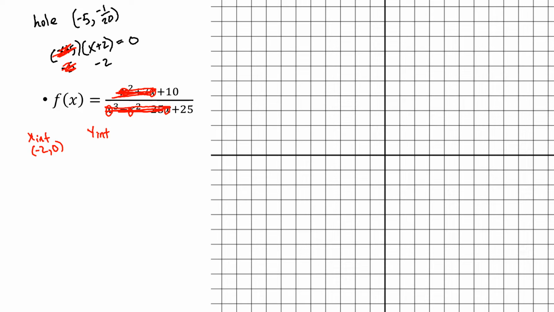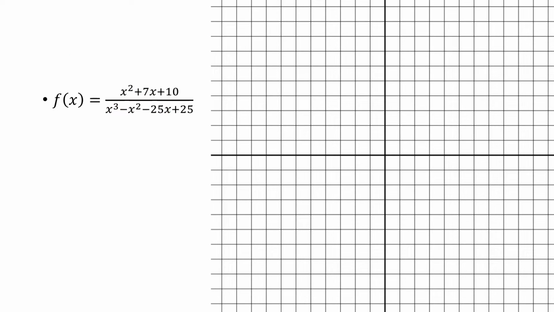So when we work everything out, our y-intercept is going to be at 0 comma 10 over 25. Keep in mind that 10 over 25 reduces to 2/5. So our y-intercept is at 0 comma 2/5.